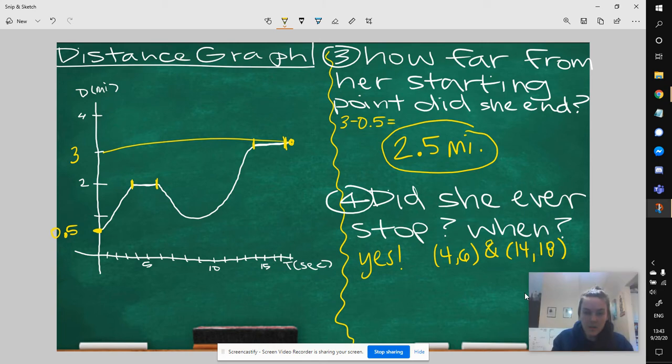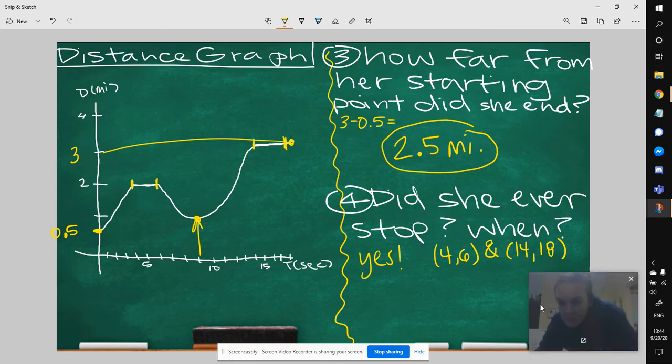The other place I stopped, and this is going to be a little bit wacky, was right here. Let's talk about this for a second. If I was moving backwards, closer to Garfield, and then turned around and moved further away from Garfield, there is a split second, an instant, that I was not moving.